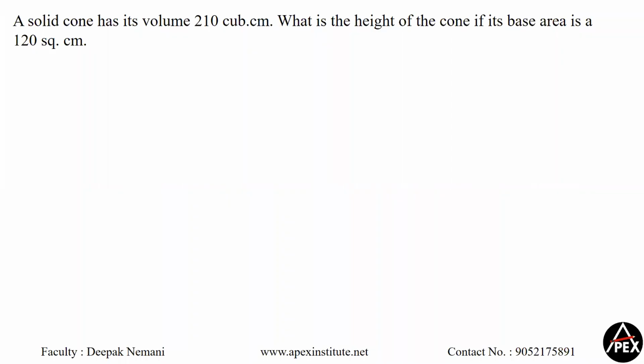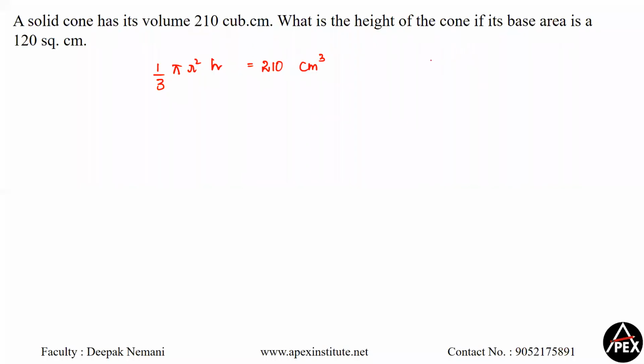Now a solid cone has a volume of 210 centimeter cube. So what is the volume of a cone? 1 by 3 pi r square h. And this is equal to 210 centimeter cube. Now what is the height of a cone if its base area is 120?